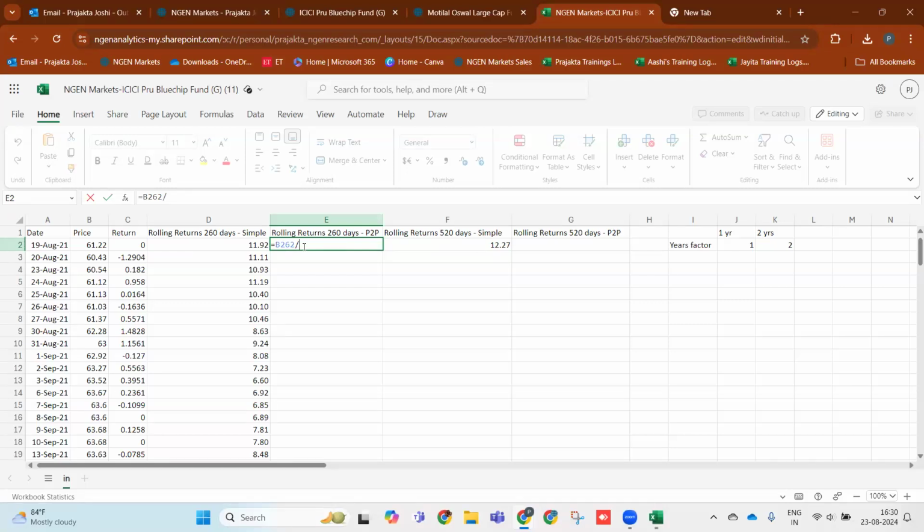What was that? 19th of August 2021 price. That's B2, right? That's 61.22. So that's B2, and you'll simply say -1. Convert that into percentage terms.